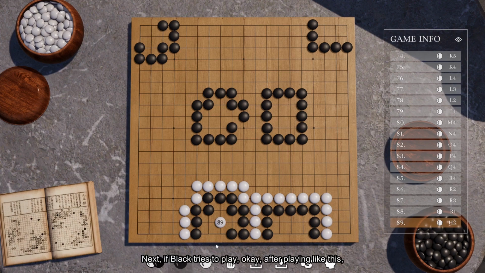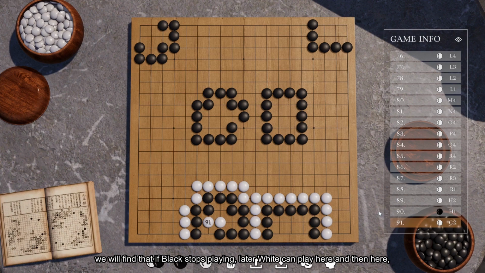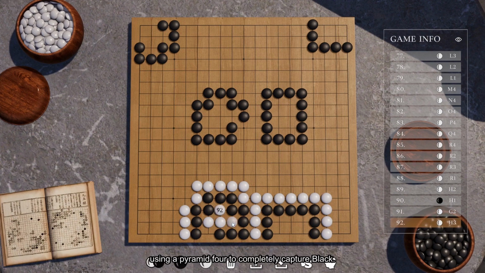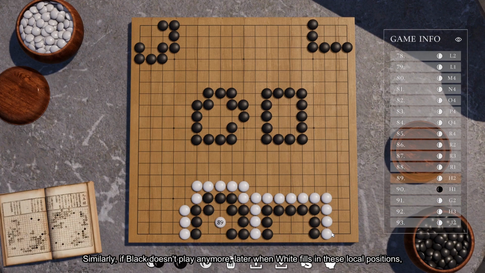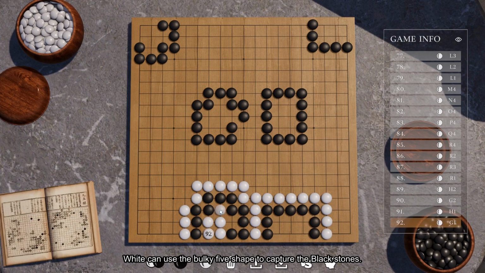Next, if black tries to play, okay, after playing like this, we will find that if black stops playing, later white can play here, and then here, using a pyramid 4 to completely capture black. Similarly, if black doesn't play anymore, later when white fills in these local positions, white can use the bulky 5 shape to capture the black stones.